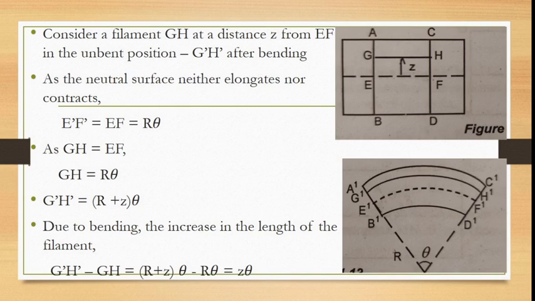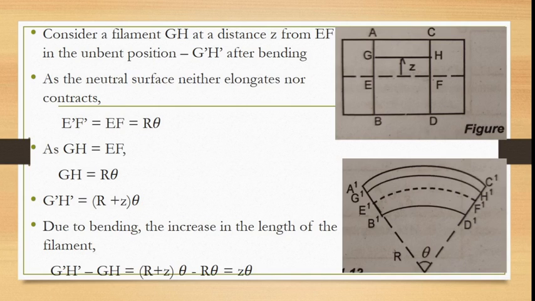Now GH has elongated to G dash H dash. What is the value of G dash H dash? Again we can find it from the relation angle is equal to arc by radius, so arc is equal to angle into radius. The angle is theta. Now what is the radius of the filament G dash H dash?